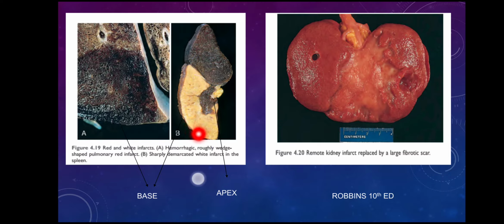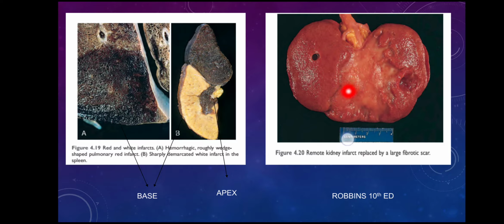It is wedge shaped. The apex is pointing inwards towards the supply of the blood, and this is the base which is formed by the capsule. And sometimes exudates can be seen on this surface because of the inflammation. In this picture, it is shown that whenever there is infarct, ultimately the healing will occur by fibrosis.